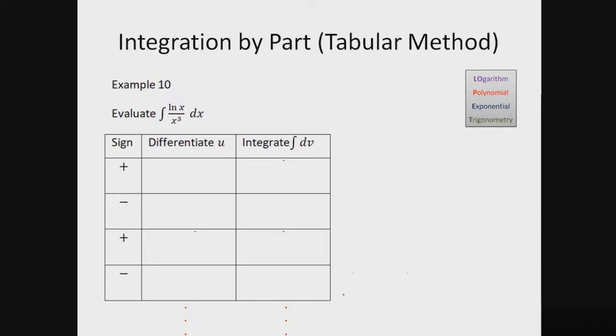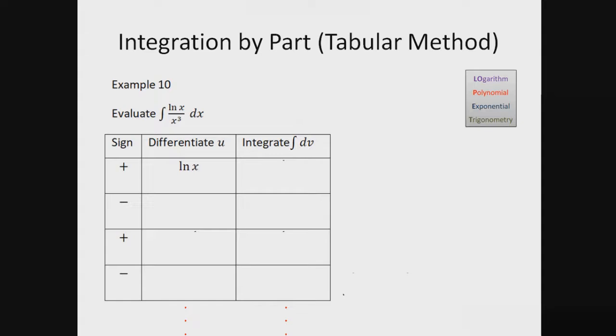Example 10. Evaluate the integral of ln x over x cubed dx. So according to the LIATE rule, we choose ln x as u. So we write ln x in the middle of the table, at the differentiate u column.